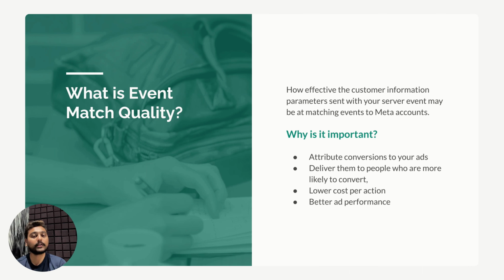Now, why is it important? It is important for Meta to have a higher EMQ because it will help Meta determine the users accurately, and therefore it will be able to attribute the conversions that happen for your ads. Not just that, as it will be able to identify the users correctly, it will be able to deliver the ads to the right people who are most likely to get converted.